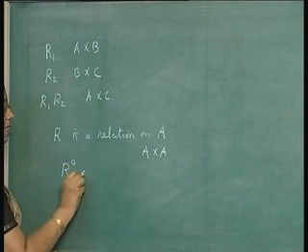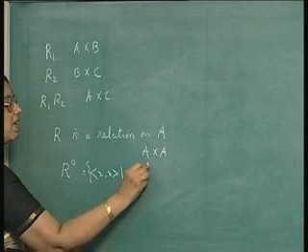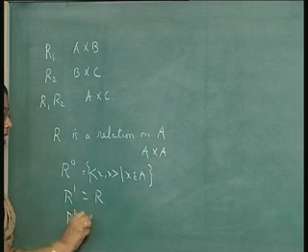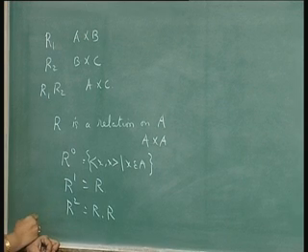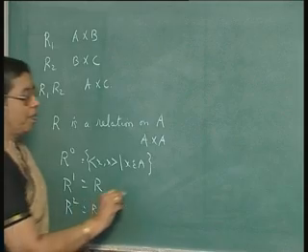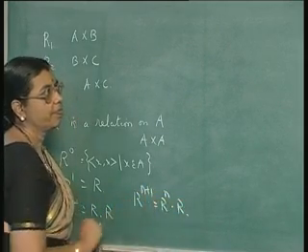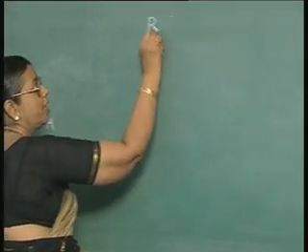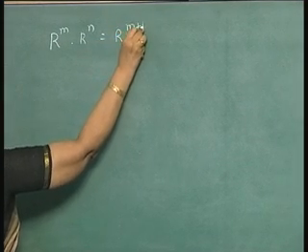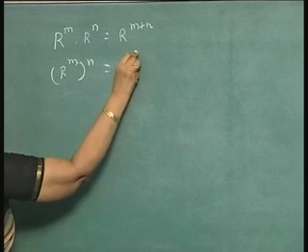R power 0 is the equality relation, R power 1 is R and R power 2 is R into R. Because of the associative property of composition of relation, we can say without any ambiguity R power n plus 1 is R power n into R. Now, we have also seen that R power m into R power n is R power m plus n and R power m n is equal to R power mn.